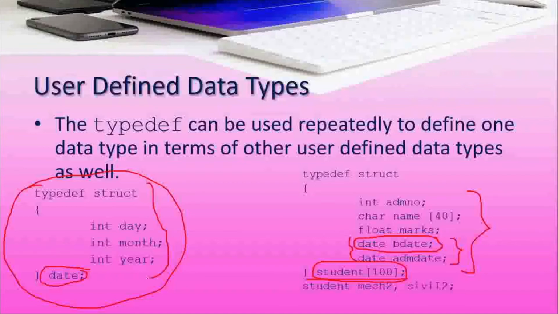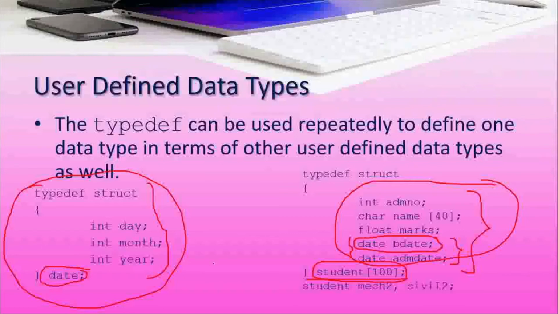Then we define two variables of type student, mech2 and civil2. So mech2 and civil2 will each have an array of structures with 100 elements, and the structure available within this array is this one.